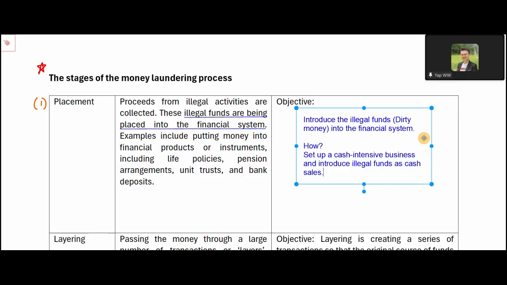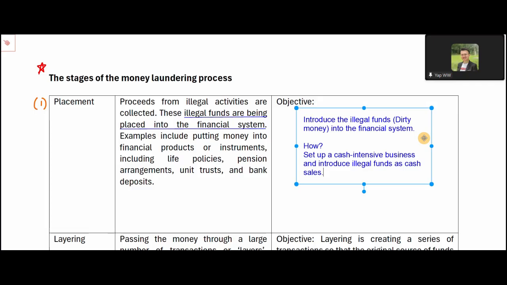For example, we receive 10 million of dirty money through bribery. Let's say I receive a bribe of 10 million ringgit, 10 million dollars. If I receive this money, can I bank it into the bank and then use it? Definitely, I will be going to jail. So if someone has dirty money, they will need an expert to clean the dirty money for them.